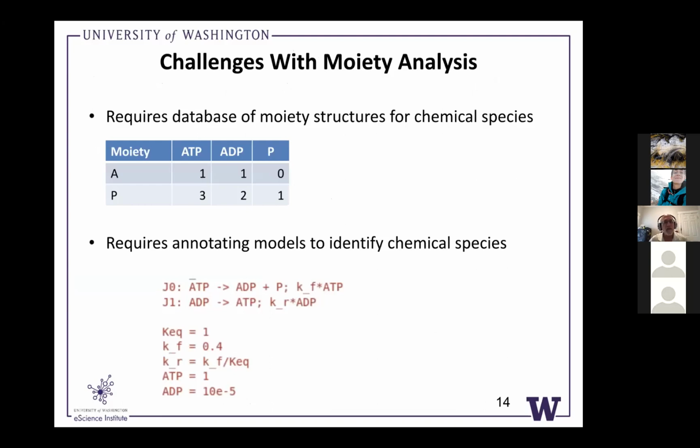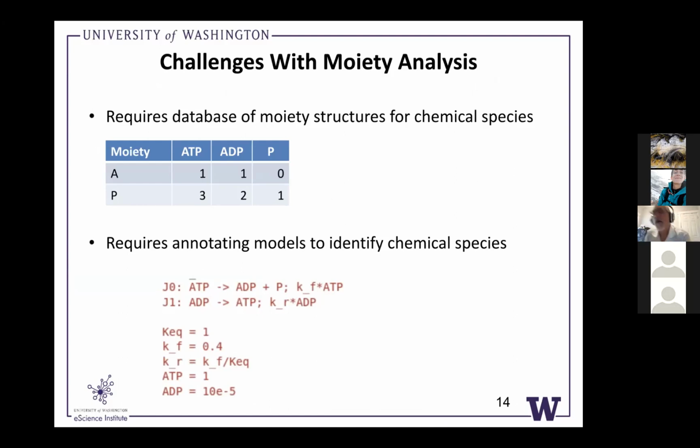The main challenge with moiety analysis is that you need the moiety structures of the molecules you're dealing with. There are many different ways you can address this, but this is not commonly available. We have chemical structures of small molecules, like with ChEBI. Lucian, did you go through that today, or the databases? No, sorry.